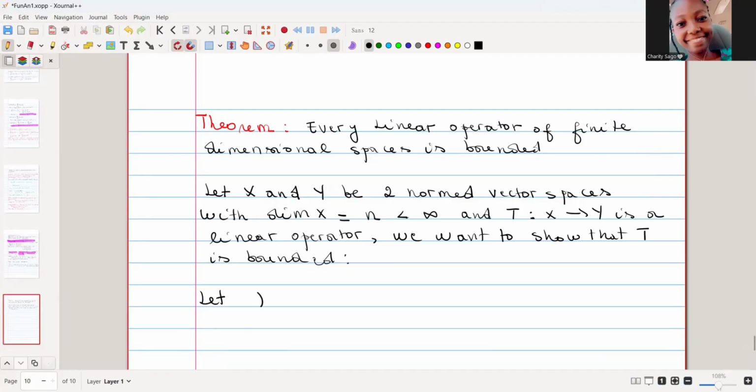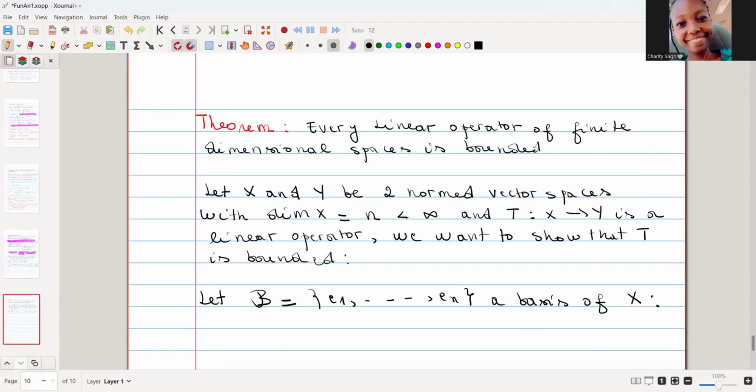So let B equal to e1, e2 up to en, a basis of x. So x is finite dimensional and the dimension is n. That is why I take a basis of n vectors.